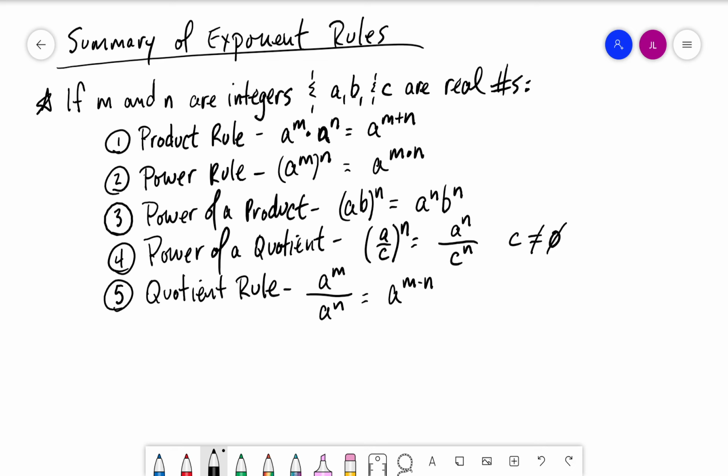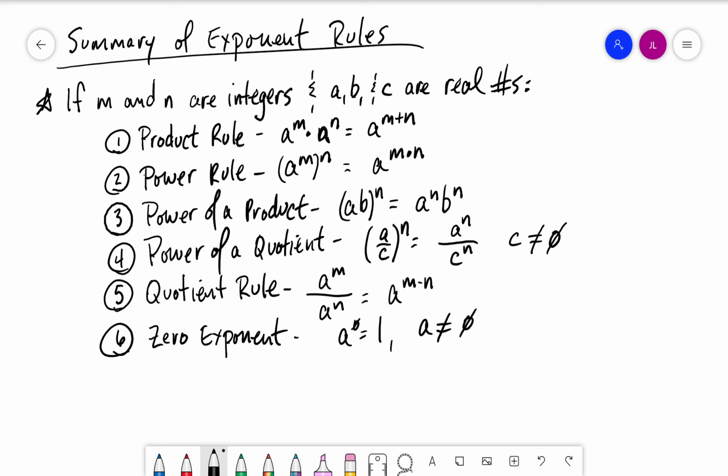As long as we have the same base, we subtract the exponents, because we're dividing. We have the zero exponent rule, which states that a to the 0 is equal to 1, but we have to remember a cannot equal 0.